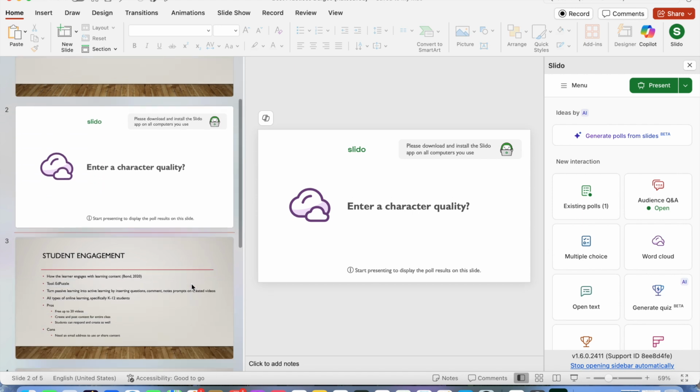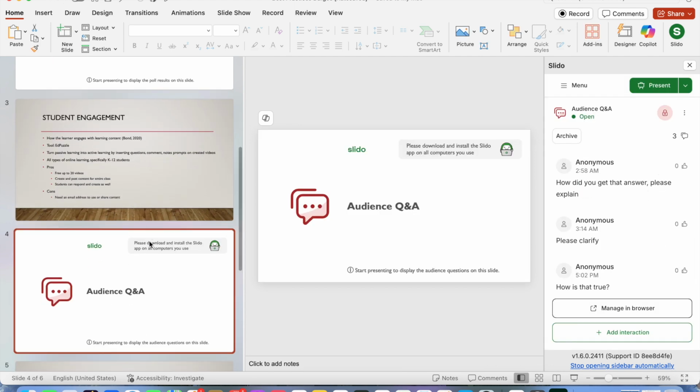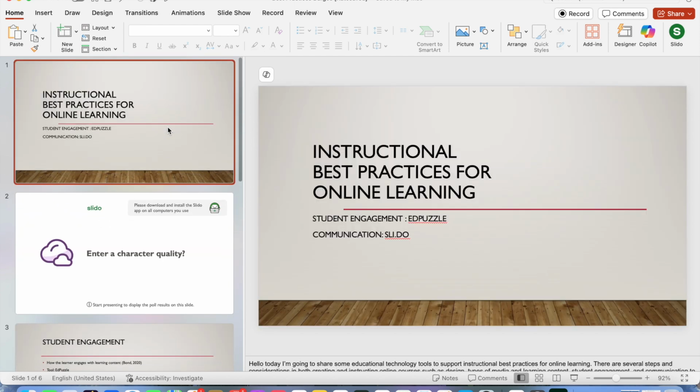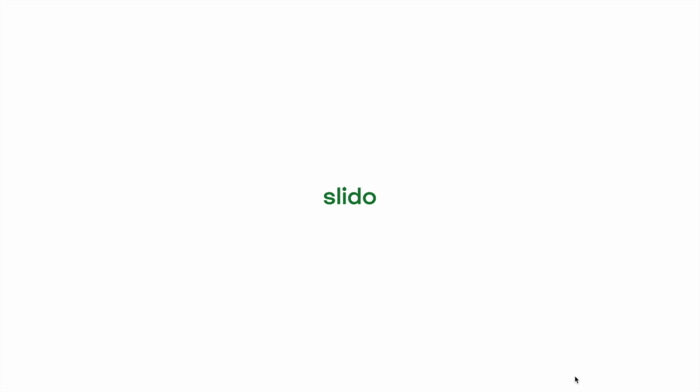And go down here and build and put my Q&A slide right here. So now as I go through my presentation and I show it to the class, my Slido options are part of the presentation.